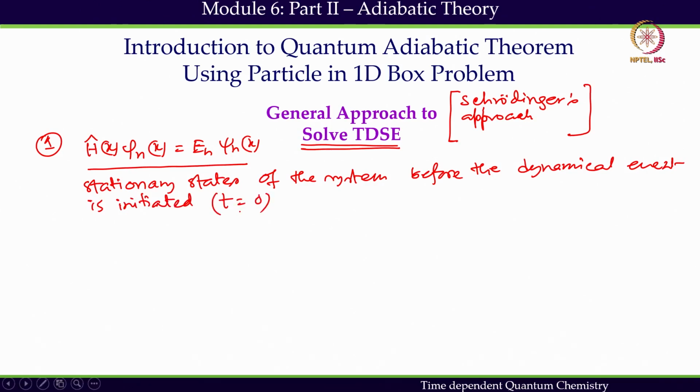So at t equals 0 or before t equals 0, when the dynamical event is not initiated yet, I have to find out all possible stationary states.